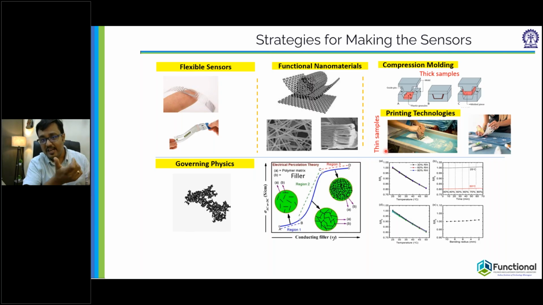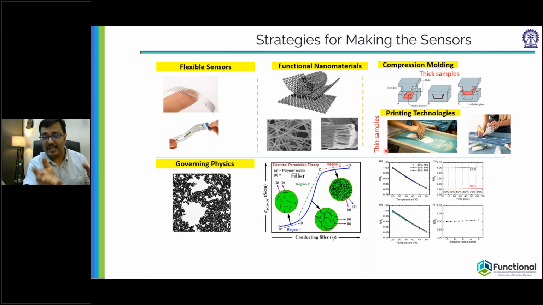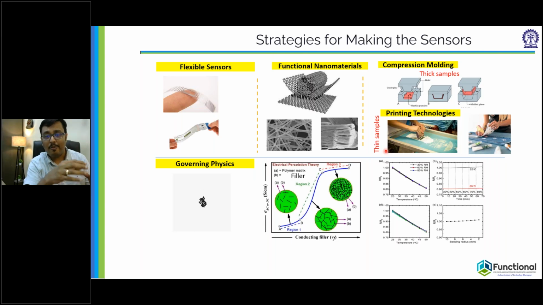Why do we need nanomaterials? Because, like I said in my previous slide, we can achieve this property with a very small amount of nanomaterial added. We can achieve the same with carbon black also, but in that case you need to load a lot of carbon black into the formulation.